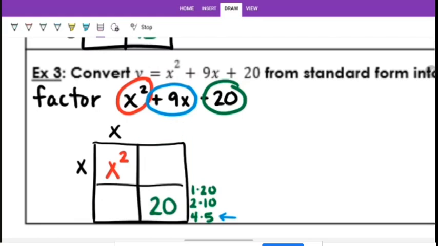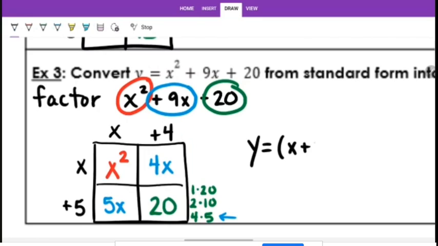So we'll do a plus 4 and a plus 5, which will give us a 4x and a 5x, which do add together to give us the 9x in the middle that we need. So this looks like a solid factoring. Now we'll write our answer in factored form. So we get y equals x plus 4 times x plus 5.